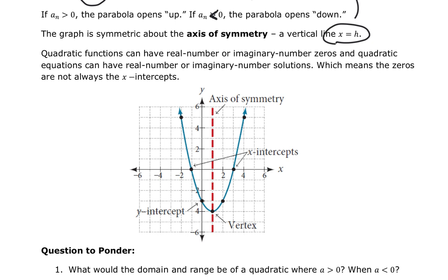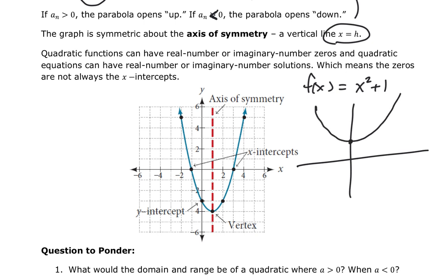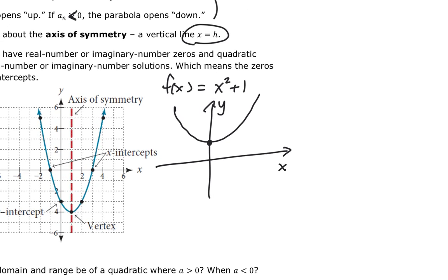You're like, what? If I gave you f of x is equal to x squared plus 1, we know from chapter 1, the transformations of graphs, this is the parent or toolkit function that is the quadratic that has been moved up once. So we can see that the graph would look something like this. If you're like, I'm not totally understanding, that's okay. Let's set this thing equal to 0. So x squared plus 1 is equal to 0.